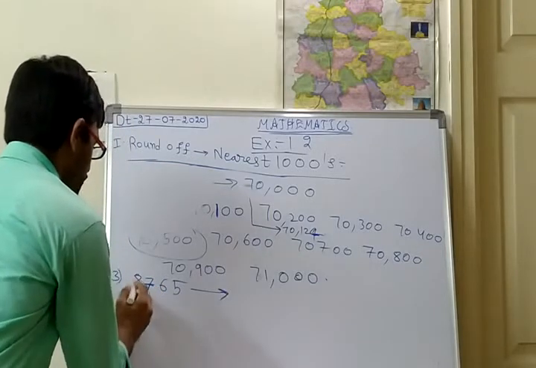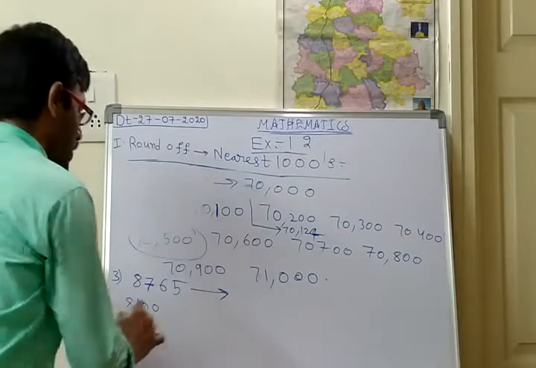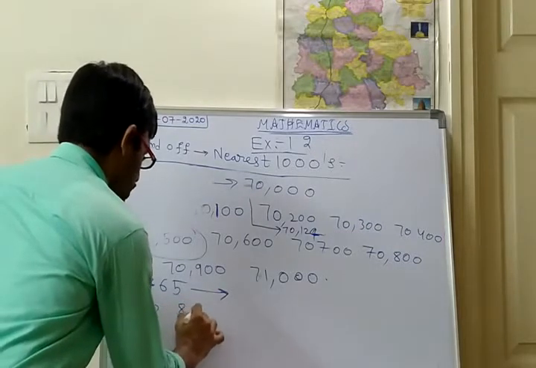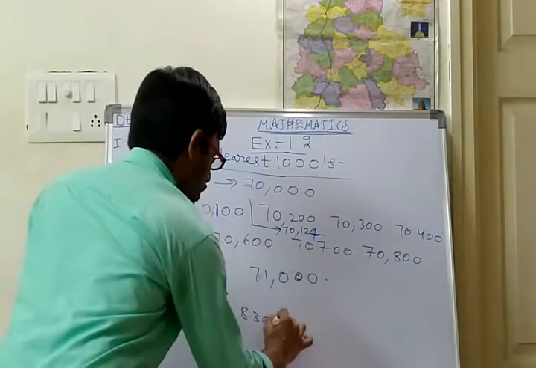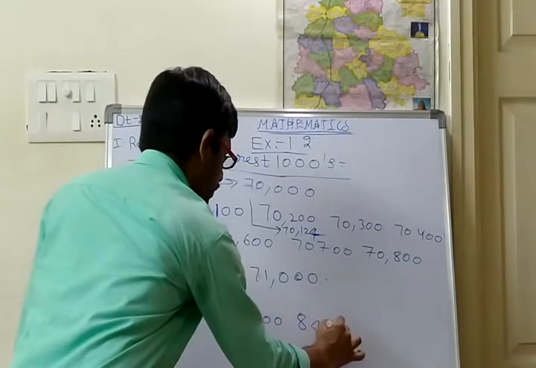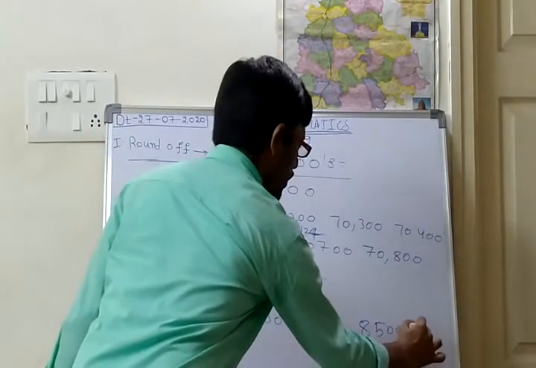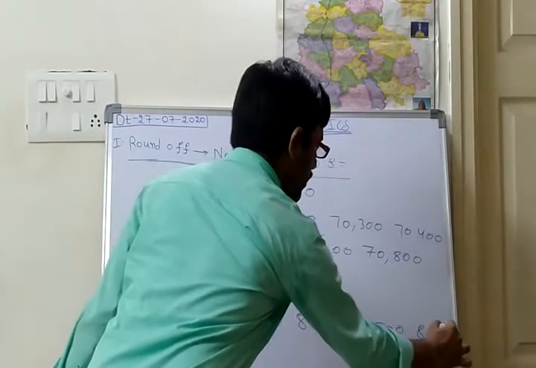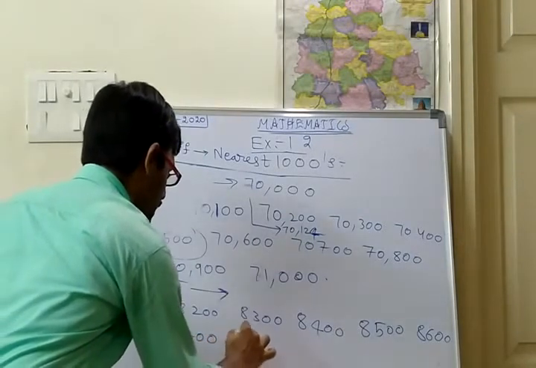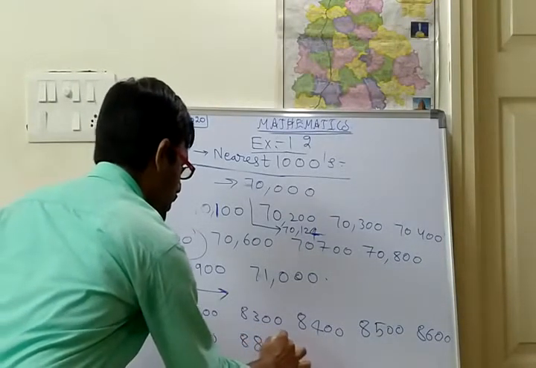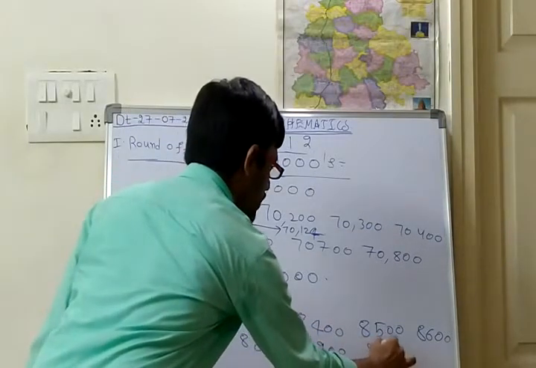So 8,100, 8,200, 8,300, 8,400, 8,500, 8,600, 8,700, 8,800, 8,900. After this 9,000 it will be.